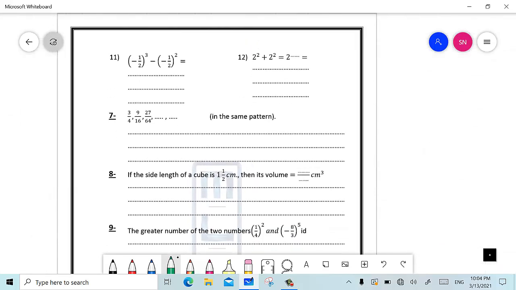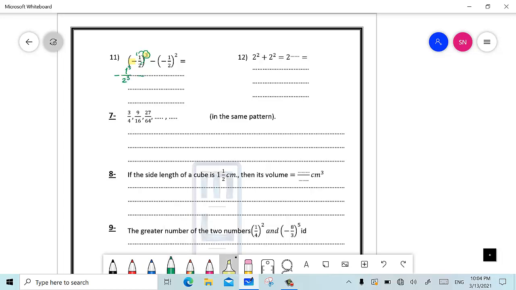And let's go now for question number 11 in page 4. Negative half all raised to the power of 3 minus negative half all raised to the power of 2. Again, I have here a negative number, so I go and look for the power. I have an odd power, so the negative is going to remain as it is. So I have here negative. I'm going to distribute the 3 one time on the 1 and another time on the 2. So it is 1 to the power of 3 over 2 to the power of 3.